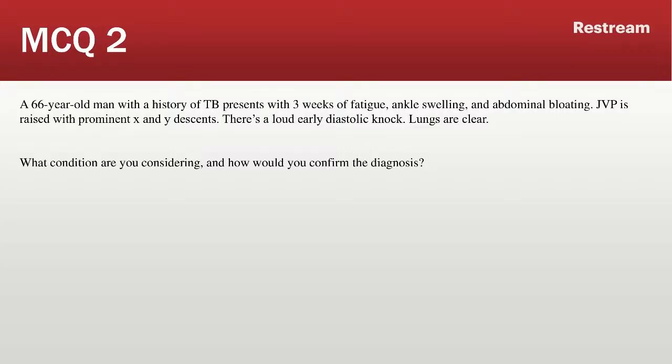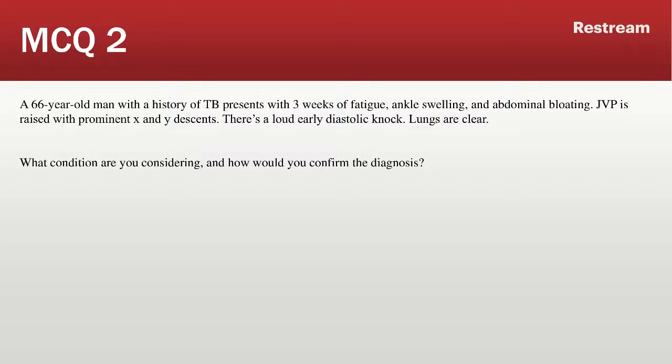66-year-old, previous history of TB, tuberculosis. He's had 3 weeks of fatigue, feeling extra tired, some ankle swelling, some abdominal bloating, and a raised JVP. Okay, so it sounds kind of like a heart failure type picture, but he's 66 years old, so he's still fairly young.